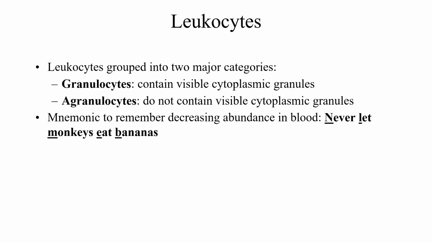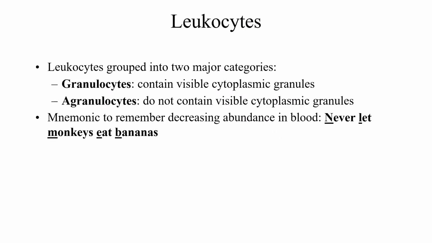And then we have the agranulocytes that do not contain visible cytoplasmic granules. So when you look at their cytoplasm, all you see is the organelles, and that's it. You don't see these little dots that you see when you're looking at a granulocyte.